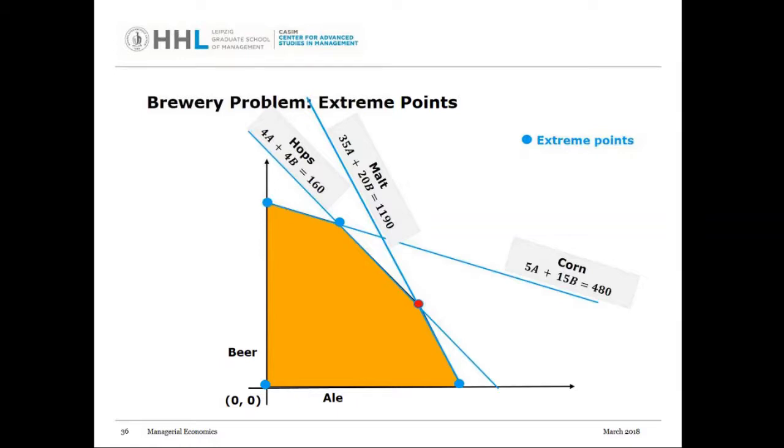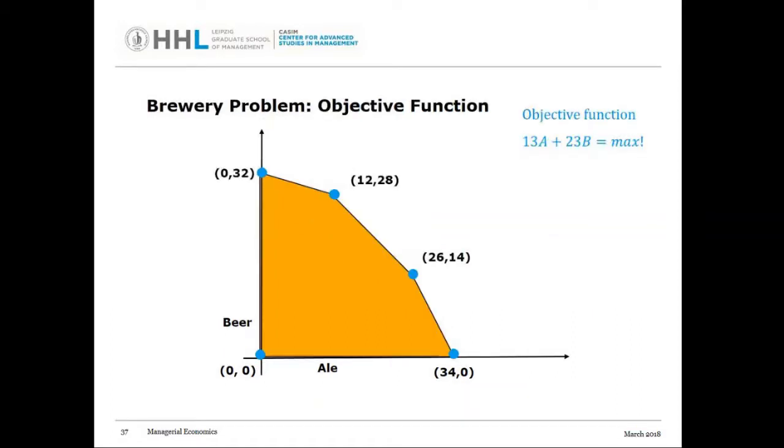The easiest to calculate is the (0, 0). The remaining ones we have calculated already before, (0, 32) on the vertical axis and (34, 0) on the horizontal axis. And you calculate all of them by just solving a system of equations. You don't have to do it by hand, but you have to at least understand how this is done in practice.